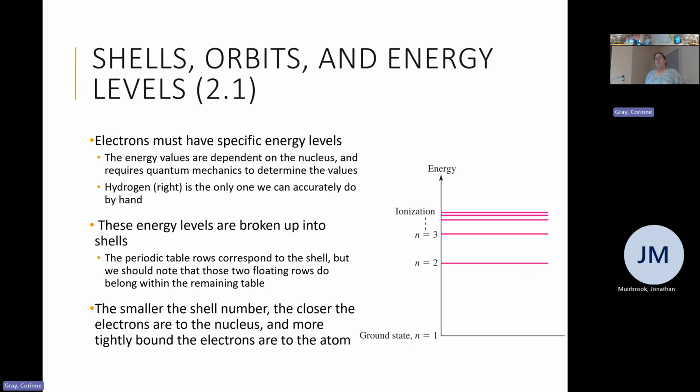And in particular, if we think about the elements that are good electrical conductors, they typically fall in column 3 to column 12.